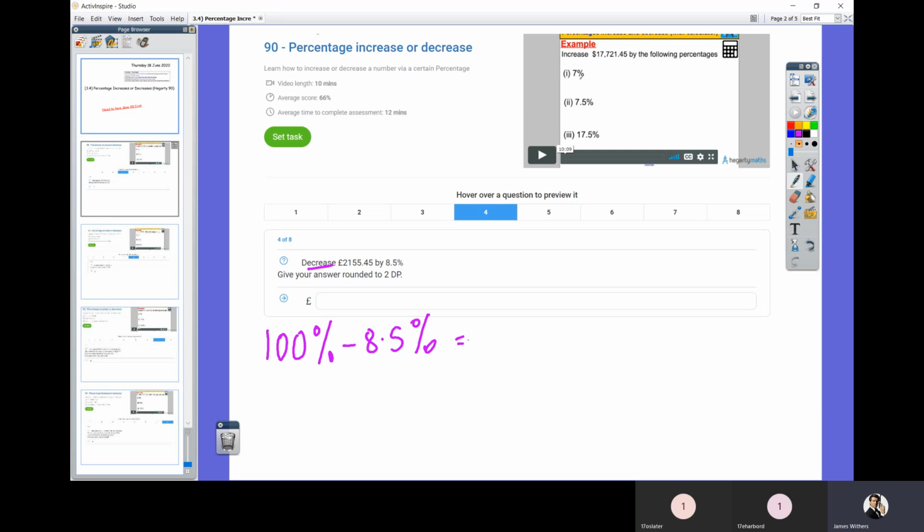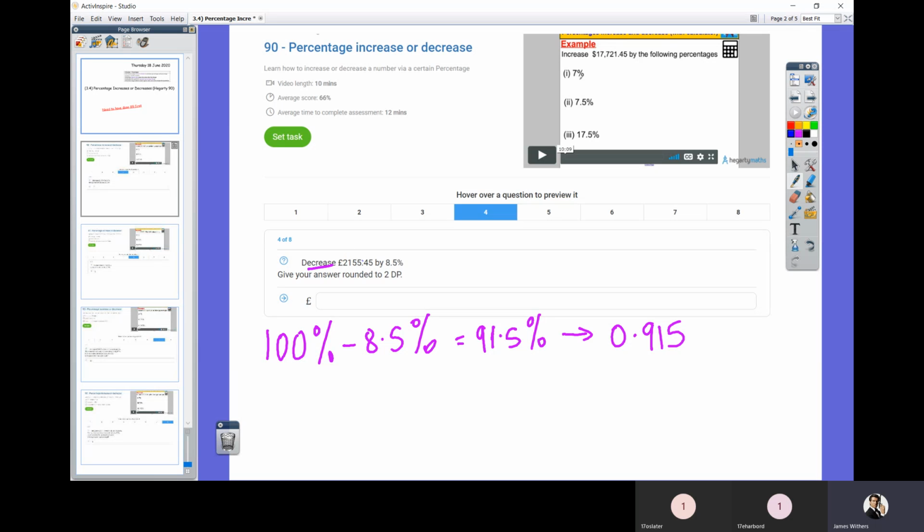On your calculator, do 100 take away 8.5, and we get 91.5%. Now, that gives us a multiplier, because when we divide by 100, move the decimal point along, that gives us a multiplier of 0.915. Okay, decimal point is moved from between the 1 and the 5 to the front.